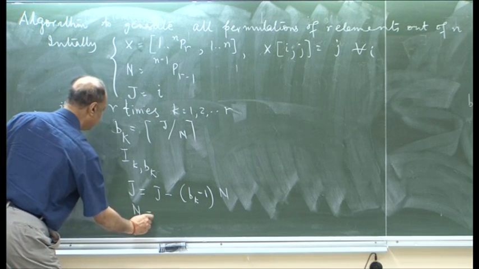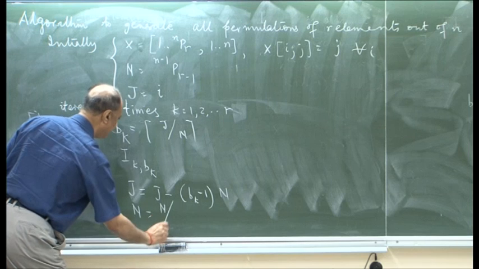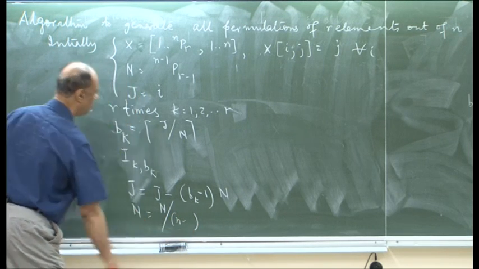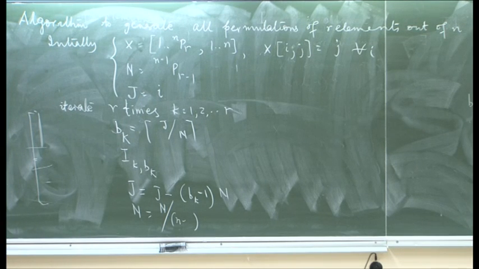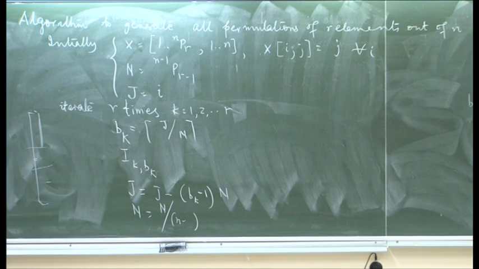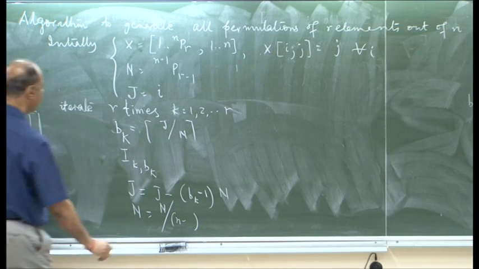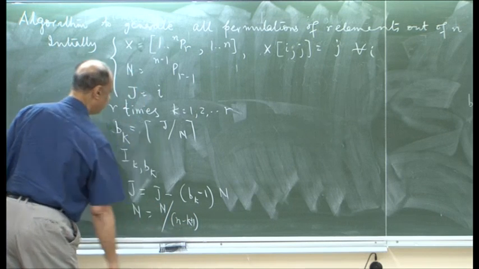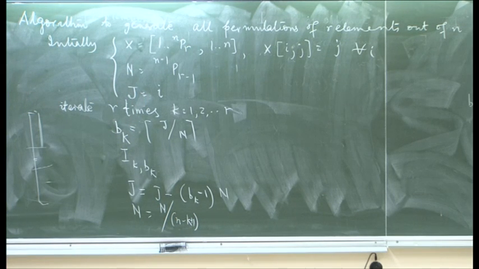The new n is n divided by (n minus 1). The first time it is (n minus 1) P (r minus 1), the second time it will be (n minus 2) and so on. So can I write it as n minus k plus 1?